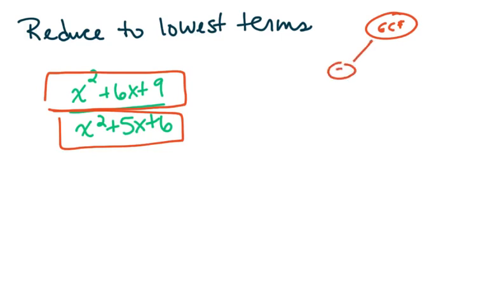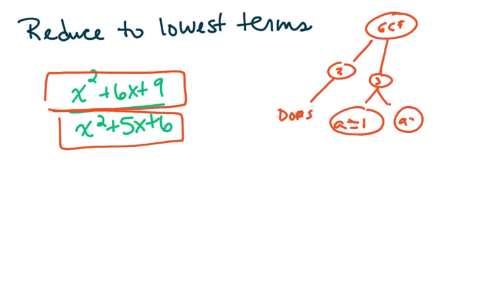Then, if there are two terms, you want to think about a difference of perfect squares. If there are three terms, ask: is the coefficient in front of the x squared term equal to 1, or is it greater than 1?